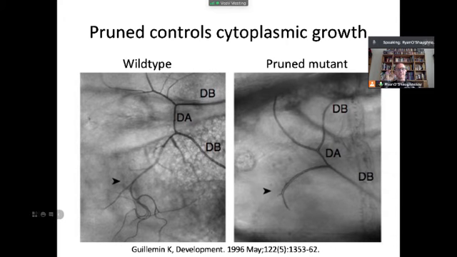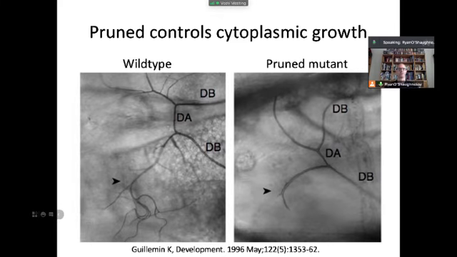And we can see the effect of pruned in our pruned mutant. So when we have normal pruned expression, we get a final cell that has terminally differentiated and forms all these fine processes. In contrast, with our pruned mutant, rather than getting a final terminal cell with all these fine processes, we in fact continue on this process of branching by cell division and iteration of formation of branches.